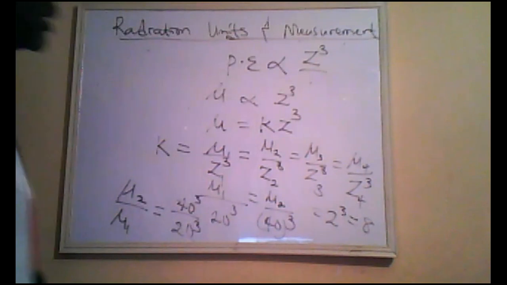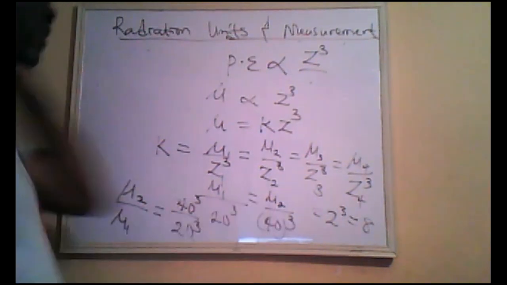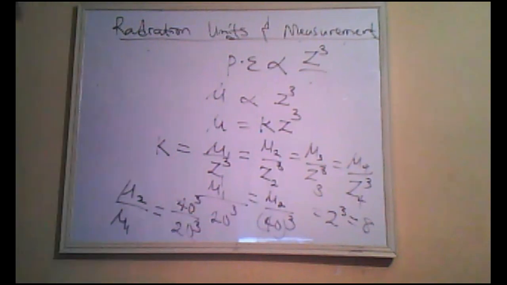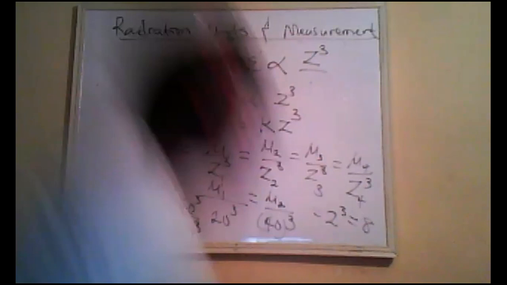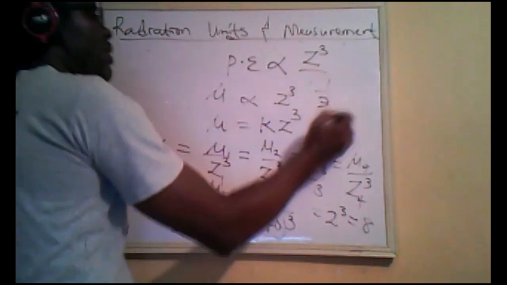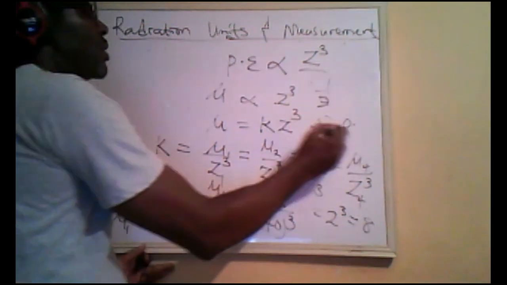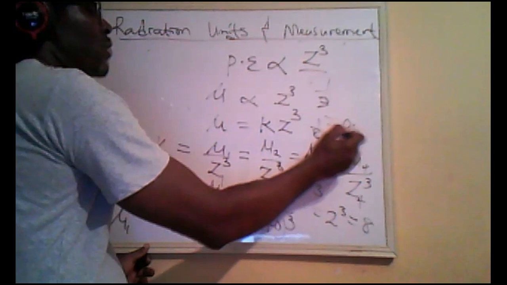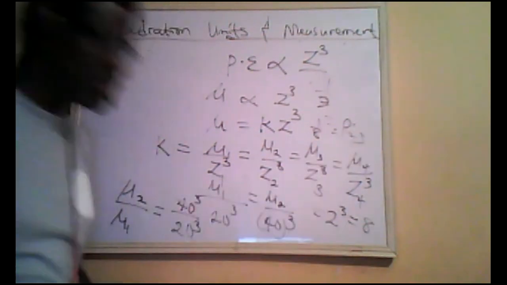So right from the word go, it has to be 20 over 40 or 40 over 20, as the case may be. We don't have 1 over 2 raised to power 3, which is 1 over 8, or 0.125.